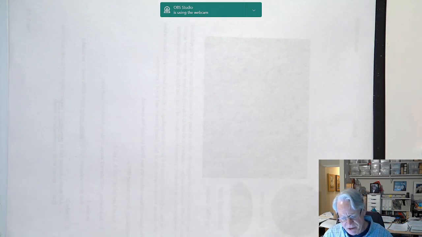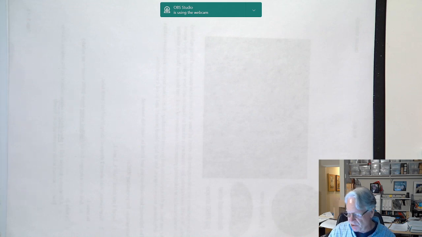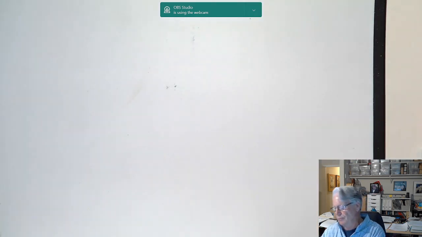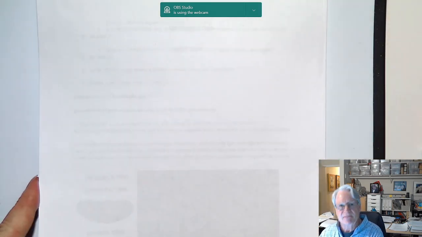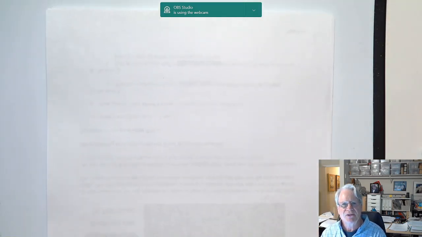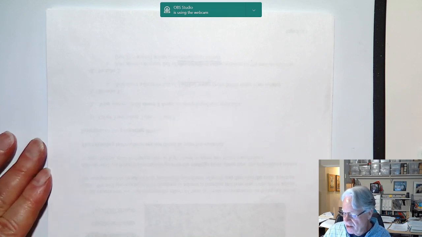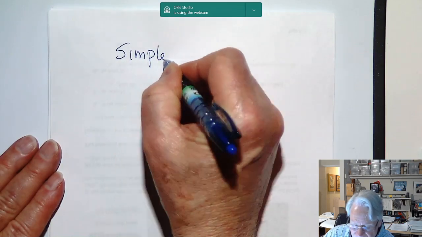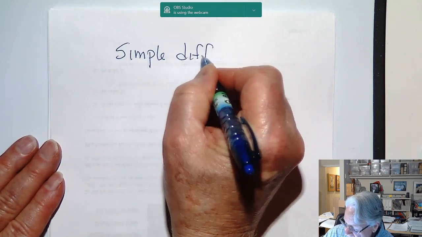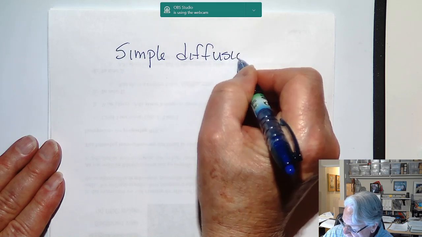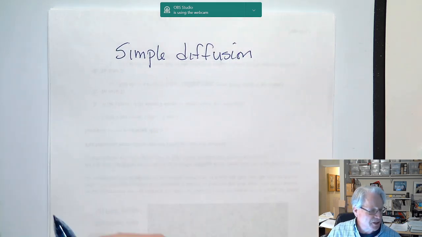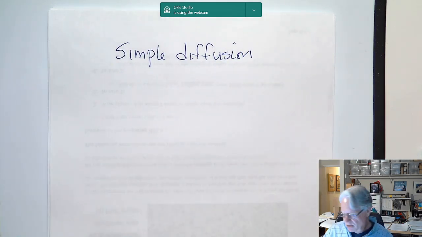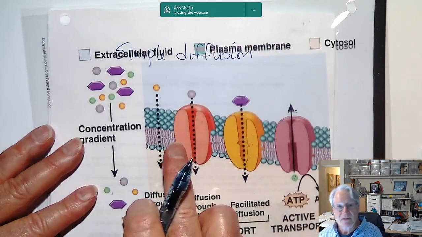So let's talk about simple diffusion now. And let's try to understand what kinds of molecules are going to take advantage of this mechanism to get across the membrane of a cell. So we're looking at simple diffusion. And to remind ourselves very quickly, once again, what we're talking about, this is it here.